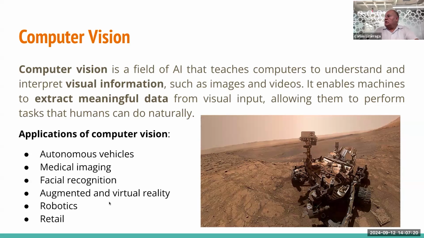Computer vision is being used extensively in robotics because these systems have cameras and they try to understand what they're seeing, and based on that, they take some actions. And also in retail and commerce, everything is being used with computer vision.